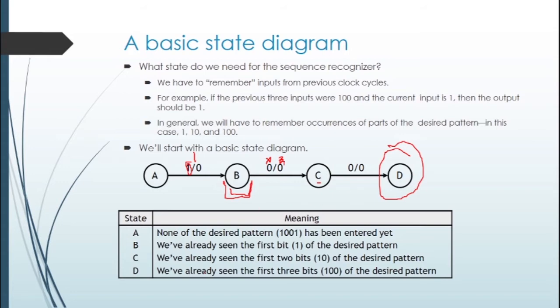So after D, what happens? There are two options. The X input is either 0 or 1. If it is 0, what happens? The pattern breaks.